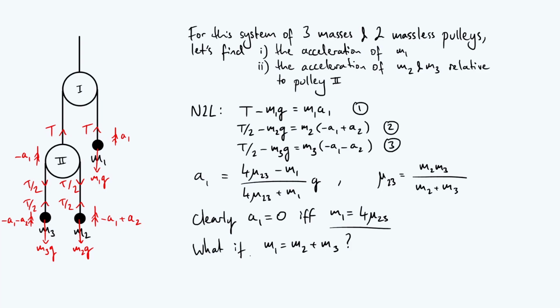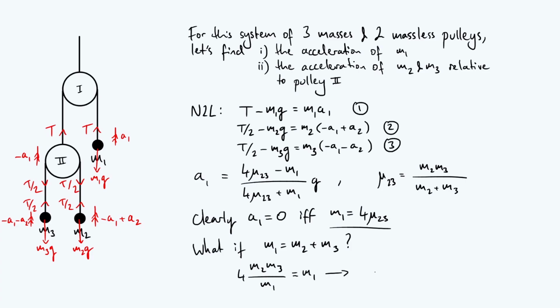The condition for equilibrium of m1 would then become m2 m3 over m1. What I'm doing there is taking the reduced mass expression and just replacing the denominator with m1. That, of course, multiplied by 4, would have to equal m1.